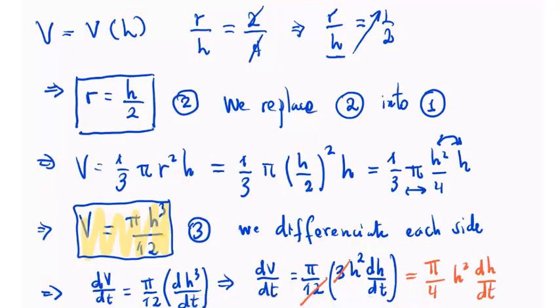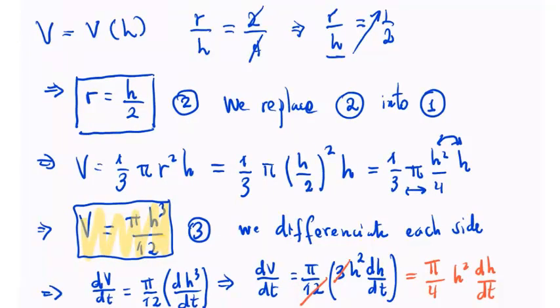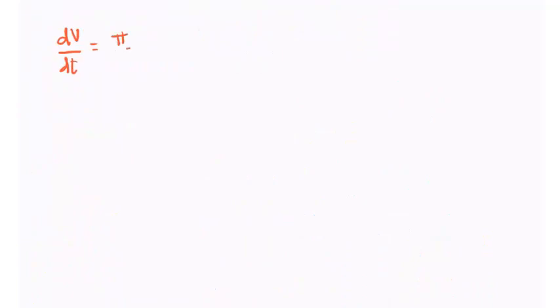Okay, guys, so now we get that dV/dt is equal to pi over 4 h squared dh/dt.